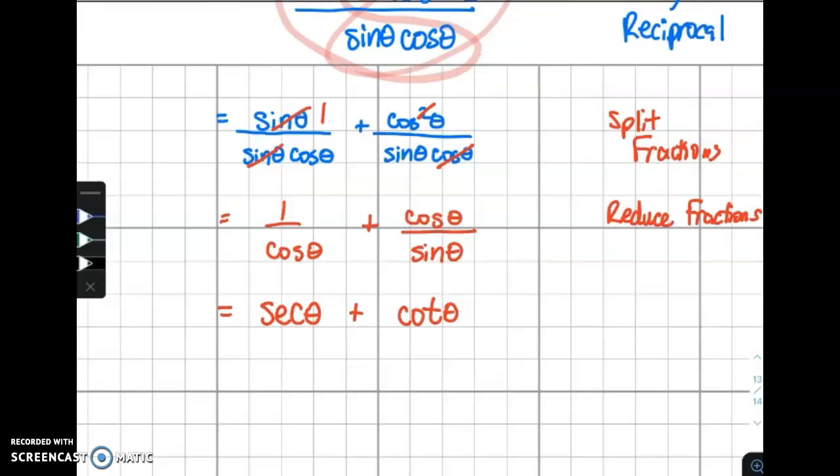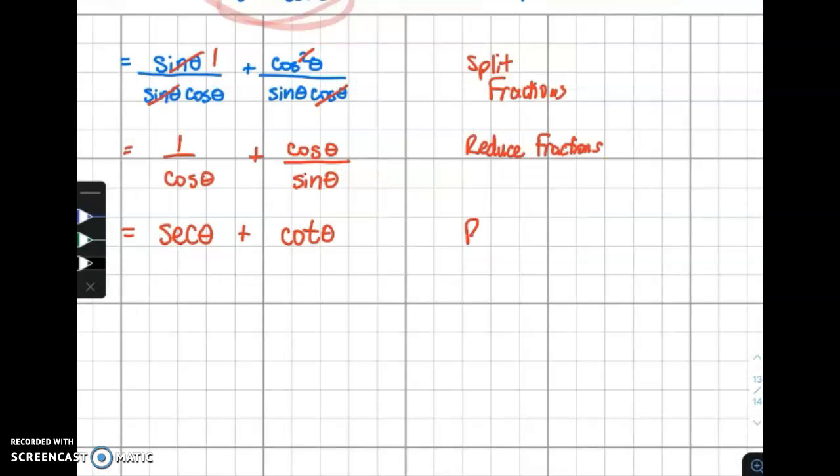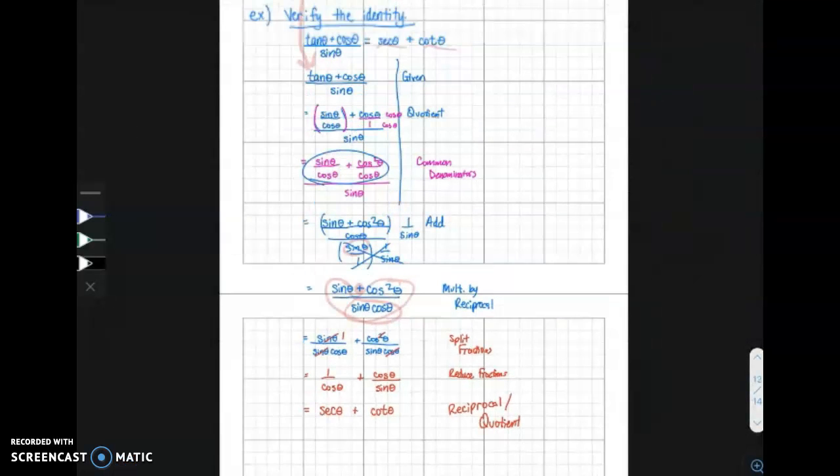So we got what we wanted using our properties, using the reciprocal property for the secant, and using the quotient property for the cotangent. And that is the end of that problem, because we started with that fraction at the beginning, and we ended up showing that it equals the right side of the equation, secant plus cotangent.